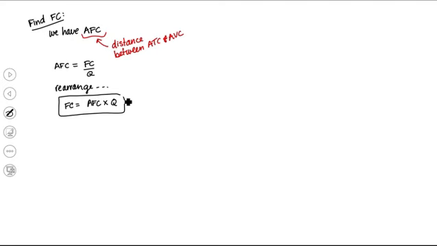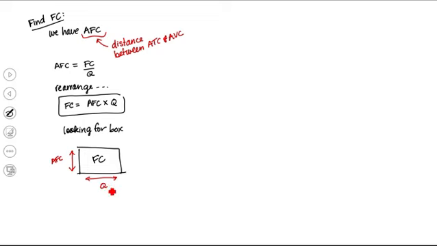So I'm looking for a box, and that box is going to represent fixed cost, but it's going to have a height of average fixed cost and a length of Q. Everyone agree? So in our last minute, let's graph it.